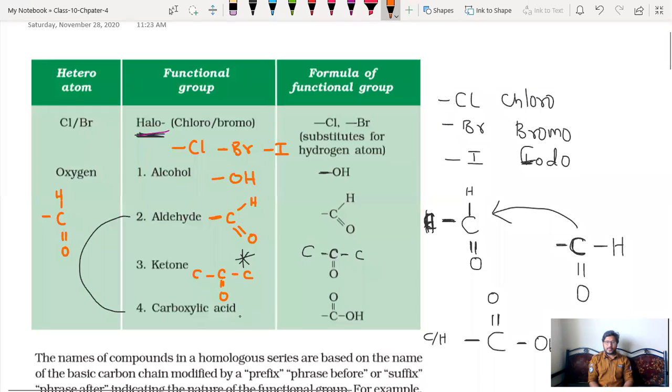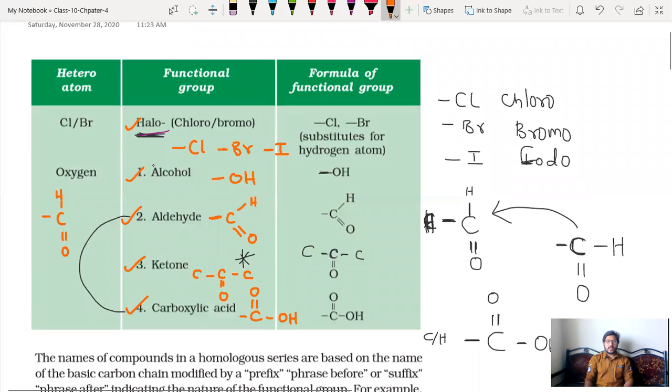Carboxylic acid, bond C, 4 bonds should be there, already one is present. 2 bonds, oxygen will be filled here. 4th bond, hydroxide. So in this lecture, we are going to see alcohol functional group, aldehyde functional group, ketone functional group, carboxylic functional group. In previous lecture, we have seen halo functional group, chlorine, bromine, iodine.